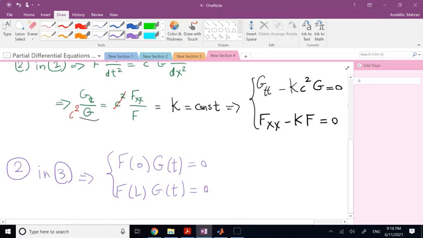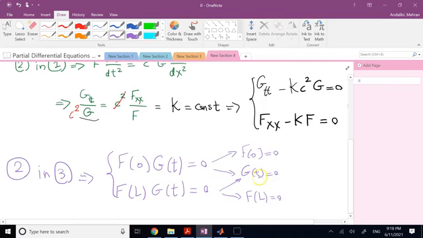Okay, so these are the resulting boundary conditions. Now, here, when f of 0 times g of t is 0, what can be the solution? There are two solutions here. Either f of 0 is 0, or g of t is 0. Similarly, from the bottom one, either g of t is 0 or f of L is 0.